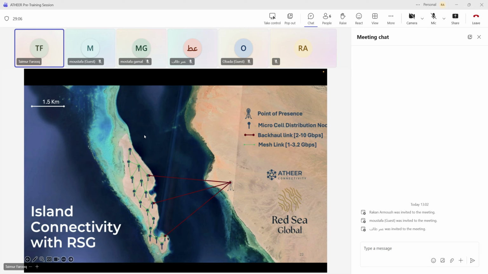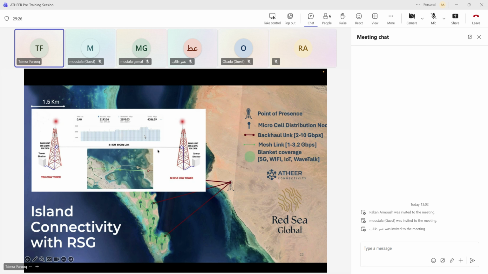Within the island, we're creating point to multi-point sites to connect different offices, facilities, housing societies, and so on. These links have been working for around 2 years now.